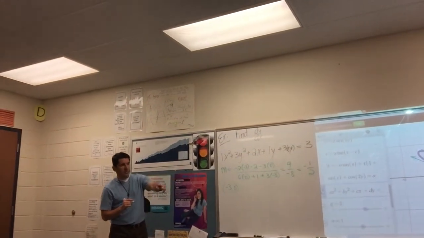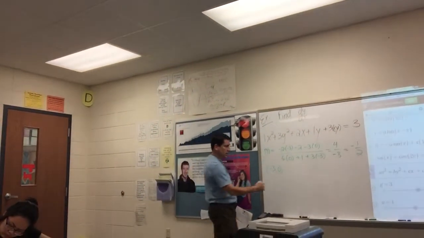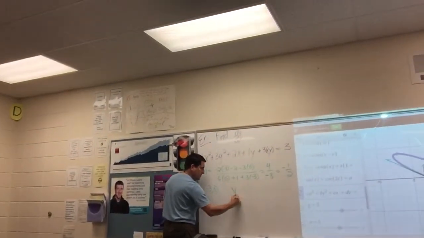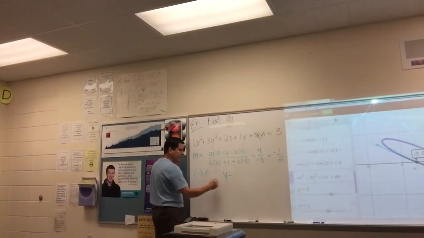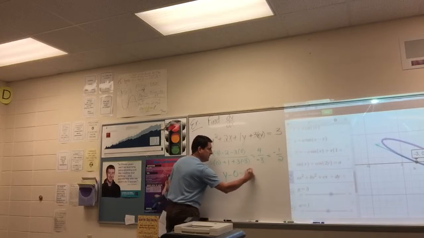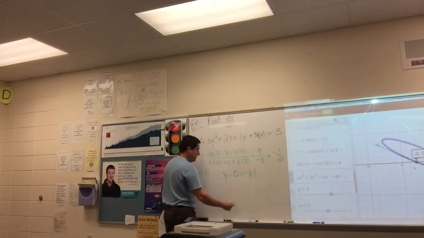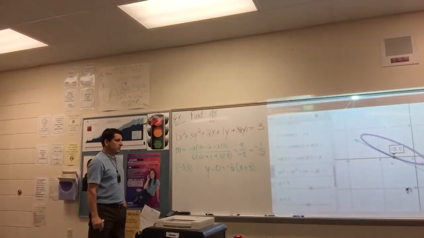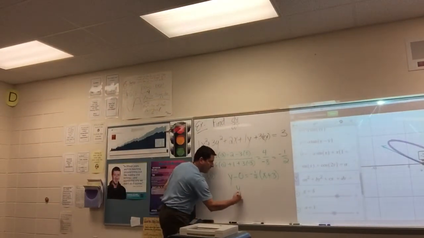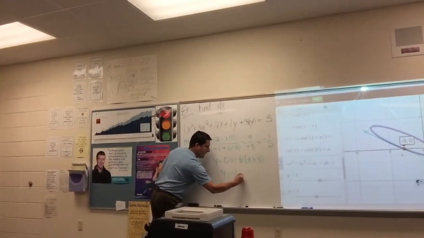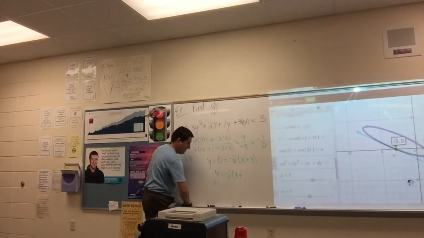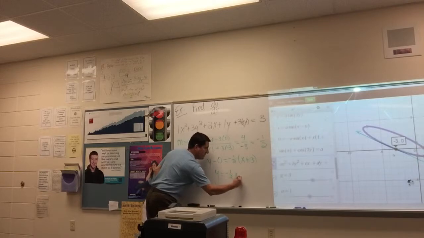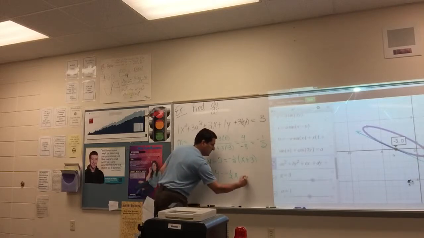Okay, so the slope is -1/2. The negative seems good. So let's write the equation of the line. This is going to be y minus 0 is equal to -1/2 times (x plus 3), which is y equals -1/2 x minus 3/2.